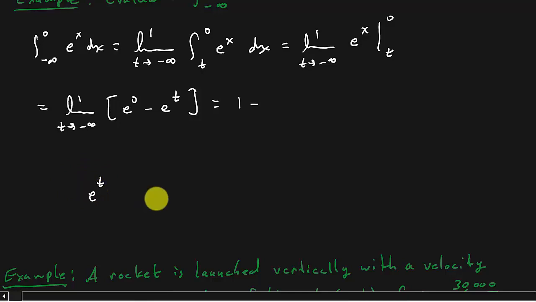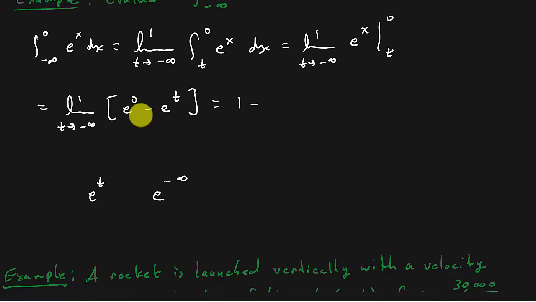If we put negative infinity in there, basically it's e raised to a negative and then a big number, negative 1 trillion, the numbers get larger and larger.